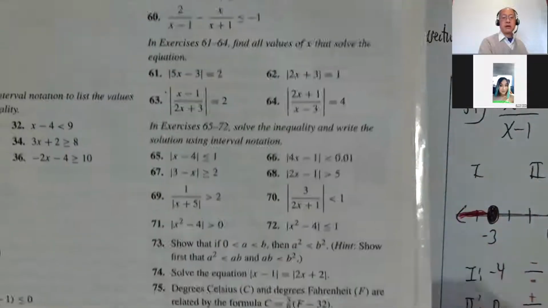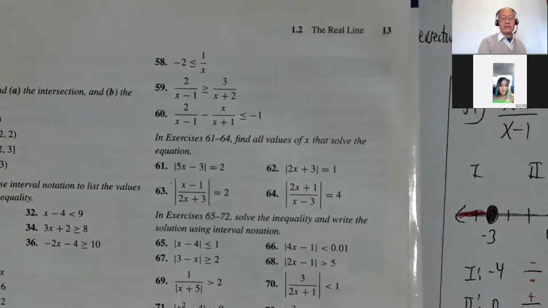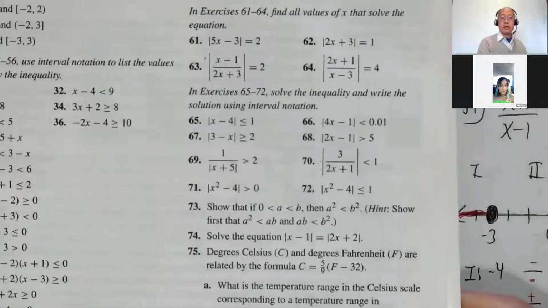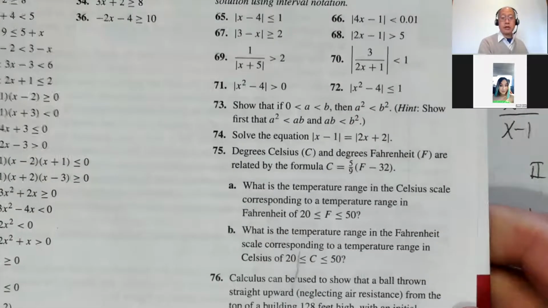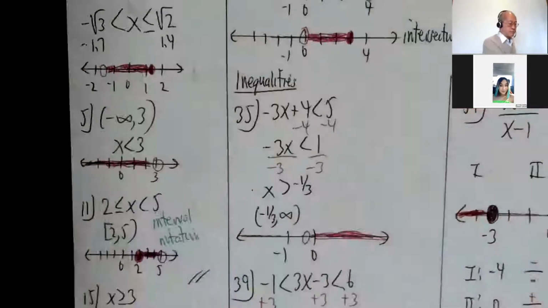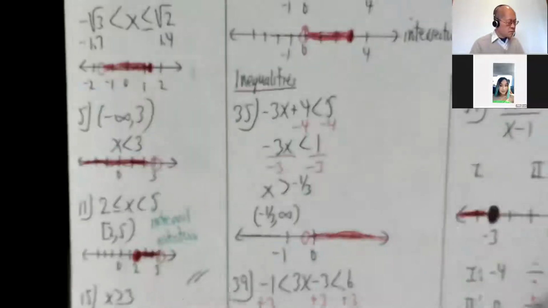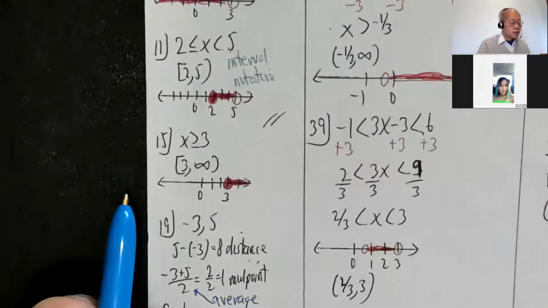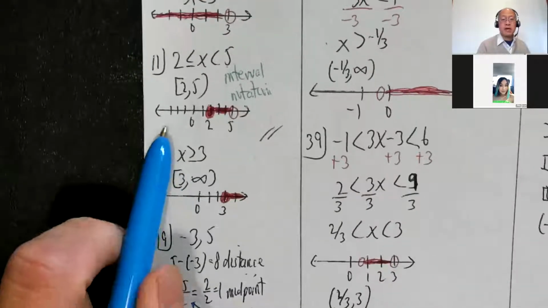In case you're saying I'm going too fast, remember, you're not supposed to write all this down now. Watch the video. You can always pause, rewind, fast forward as much as you want. Okay, so we were over here, I believe.